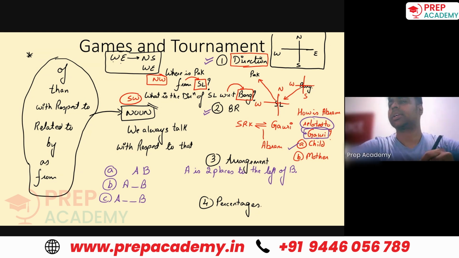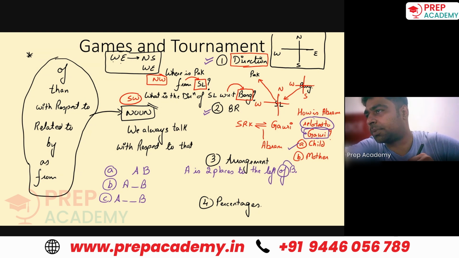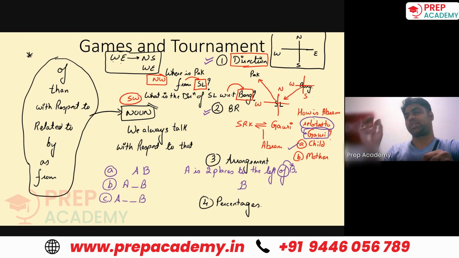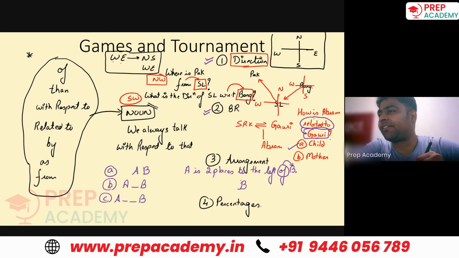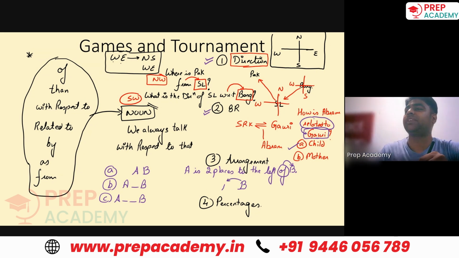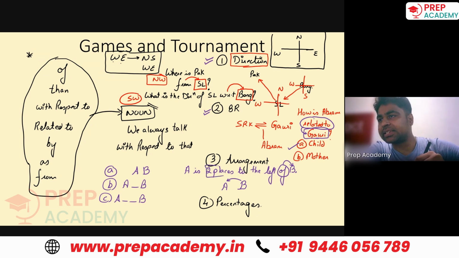Very good. Okay. So first thing first, after the word of, whichever noun comes, we will make sure that that particular noun sits first. Then to the left of that, we have to see. If it had said just to the left of B, this would have been a scenario. But n places away means there's a logic. N places away means n minus 1 gaps between them.